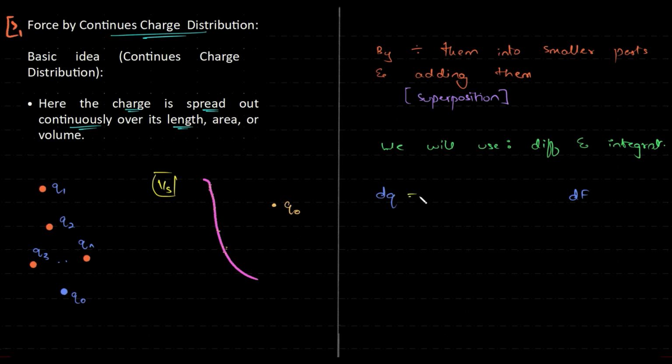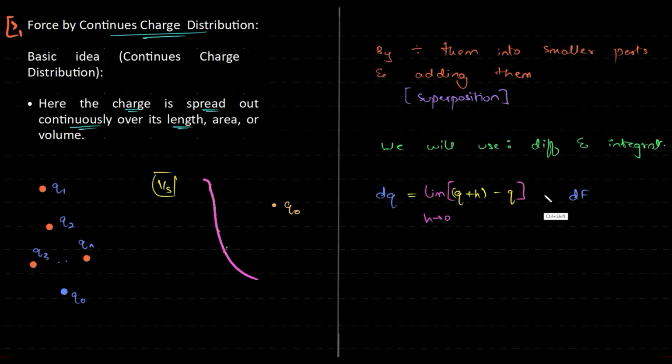So what does very small charges mean? It means that we have a charge, right, wherein it is very small. This is what it is. dq is nothing but a very small scenario wherein the amount of charge is almost approaching zero. This is one of the ways of representing.